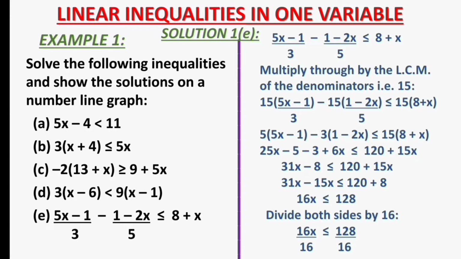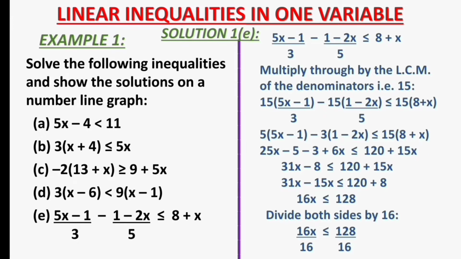From this point, removing the brackets and collecting like terms, we are going to have 16x ≤ 128. Dividing both sides by 16 to solve for x, we are going to have 16x divided by 16 is less than or equal to 128 divided by 16.